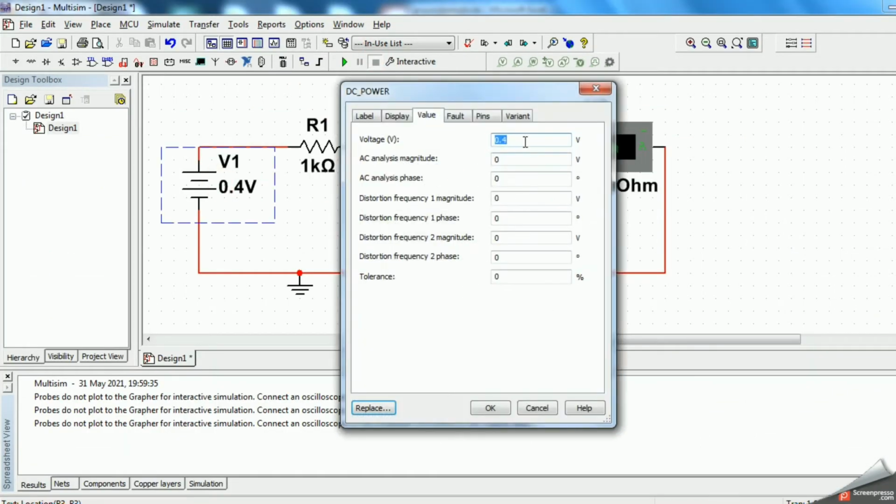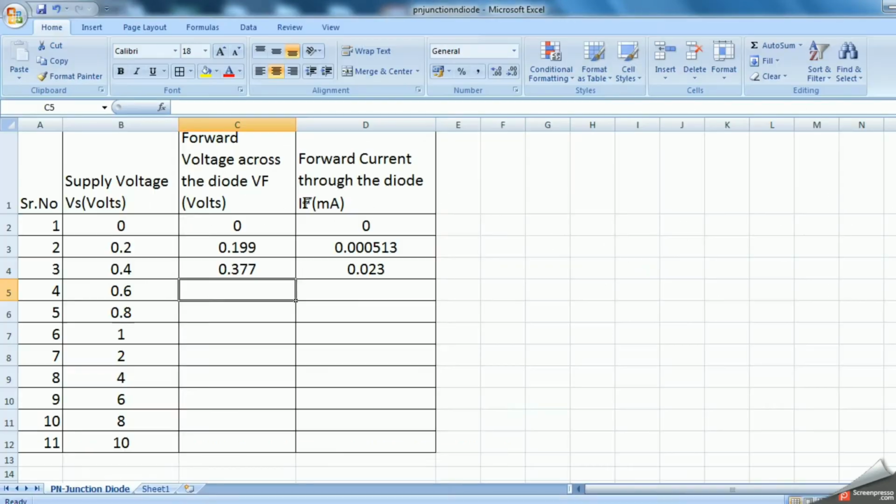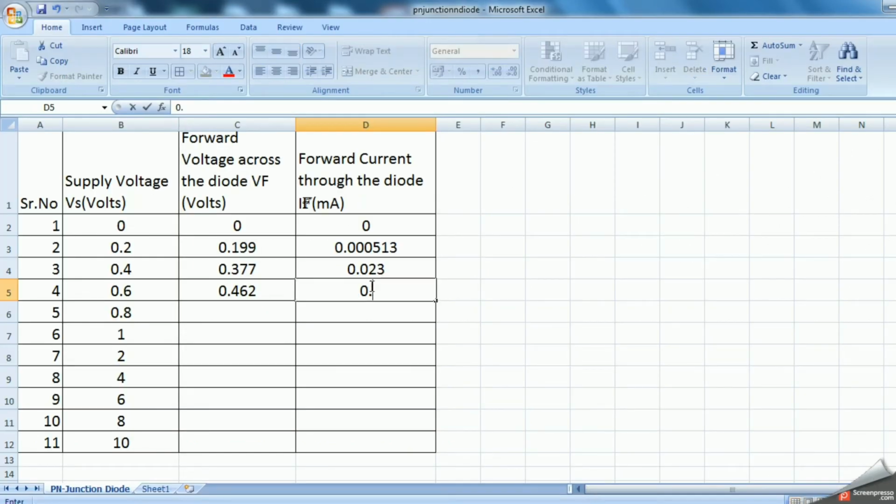Next supply voltage is 0.6. Okay, run. The voltage across the diode is 0.462 and current is 0.138 milliampere.